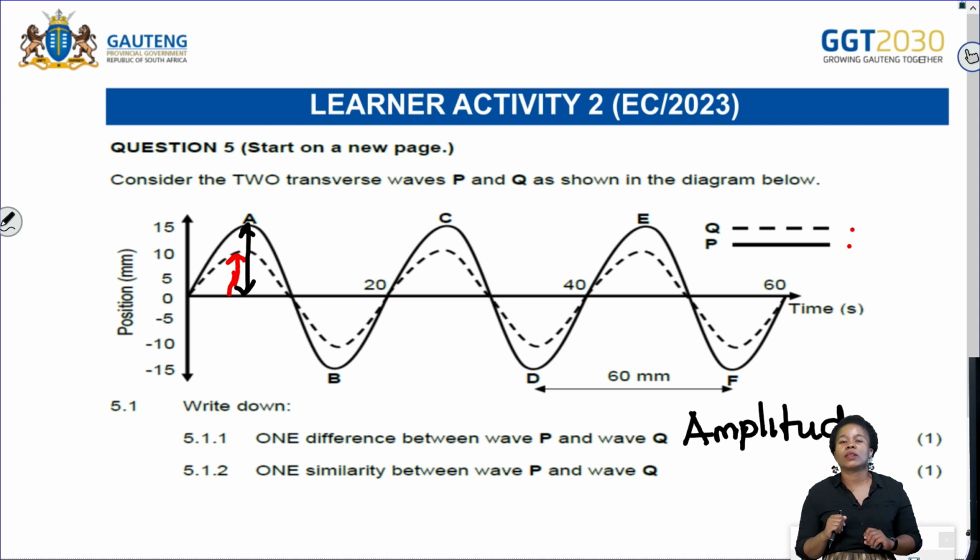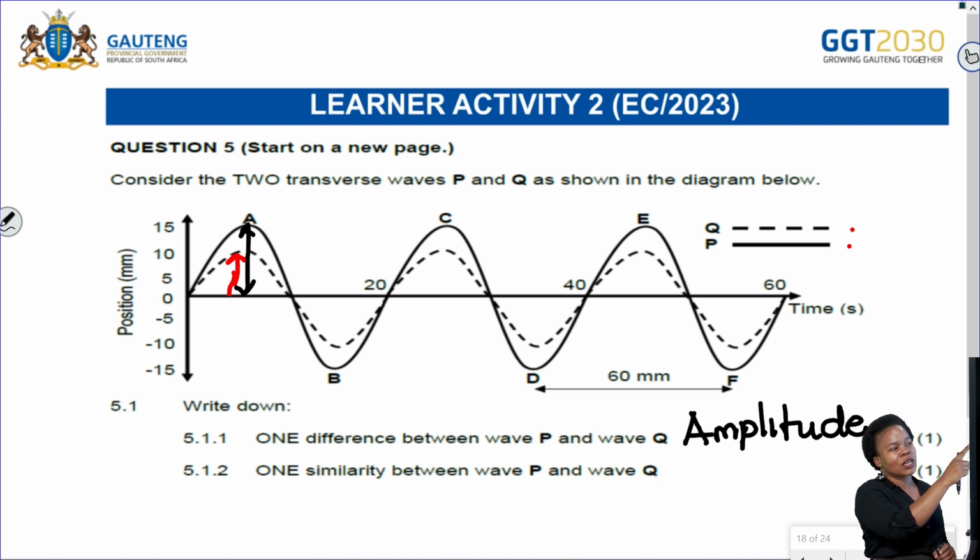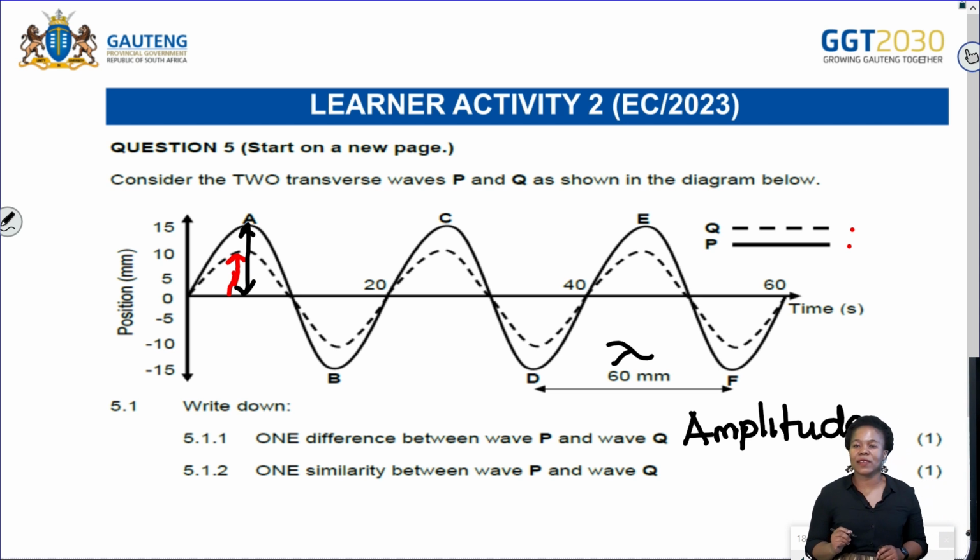Because remember, what did we say the wavelength is? It is the distance between two successive or adjacent crests or two adjacent troughs. In this case, they even indicated it for us. D and F marks our lambda, our wavelength.